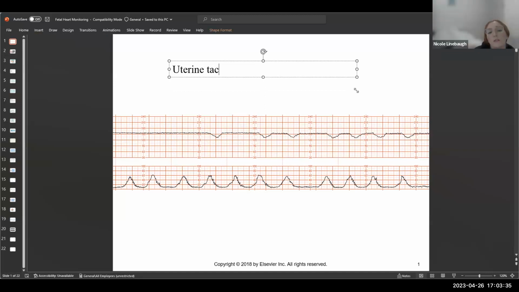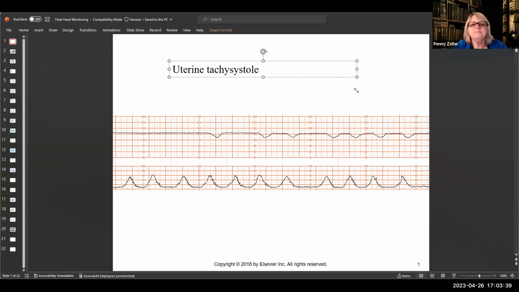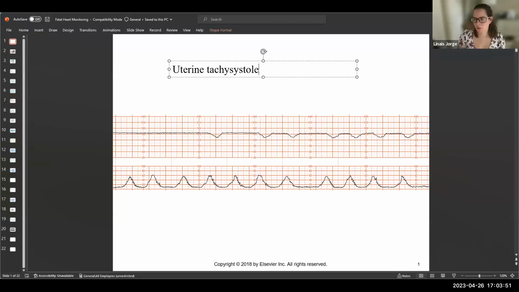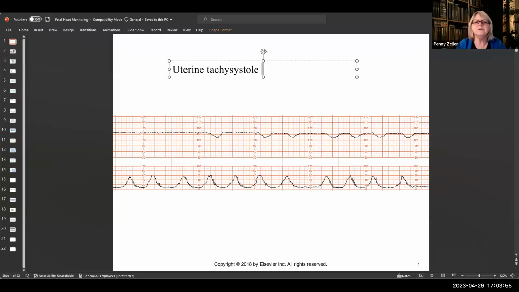And why does that happen? Why does it happen? Well, what can you think of a reason that a mother would have too many contractions? Too much Pitocin? Yes, too much Pitocin.